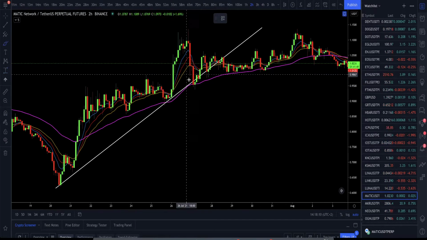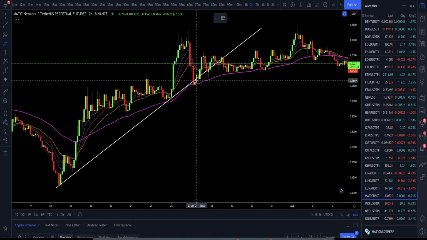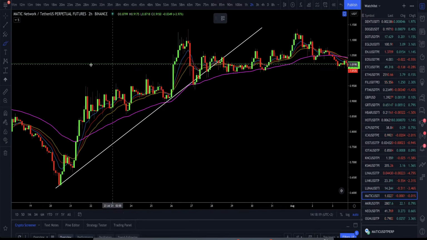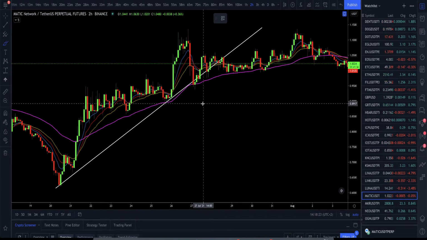This has broken a bit lower, and some people will think it is retesting and will go down, but it is not like that. And that's why you always have to use this trend line with other confirmation, multiple confirmations to enter a trade.